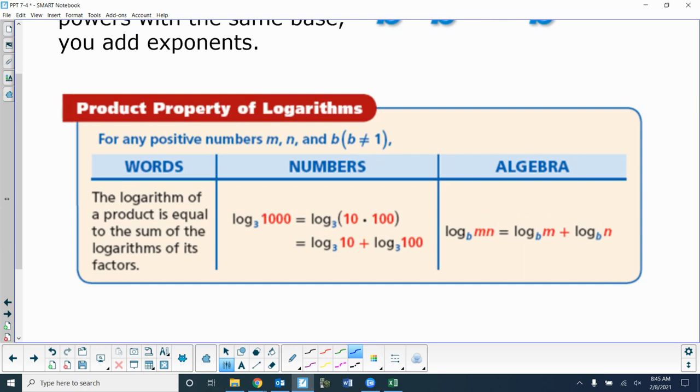Basically, if you have two logs with the same base and you're adding them, whatever those numbers are, you could turn it into a single log with the same base and multiply those two numbers. So what you're going to be asked to do is turn this into a single log by multiplying the two numbers and then simplifying it like we have them.